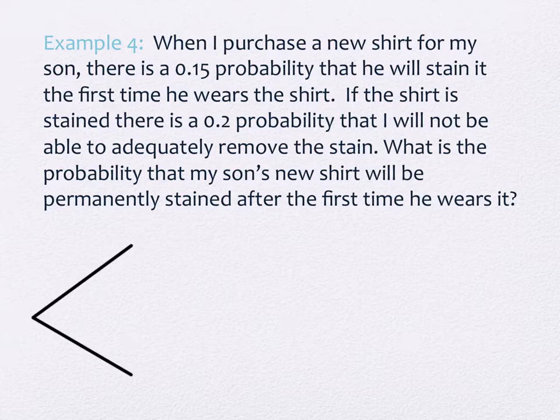What are they? Yeah, it's stained, or there's no stain. And if there's no stain, then it's already not permanently stained forever, right? So the no stain part is really like the end of the branch. There is nowhere else I need to go. The shirt's in good condition still.